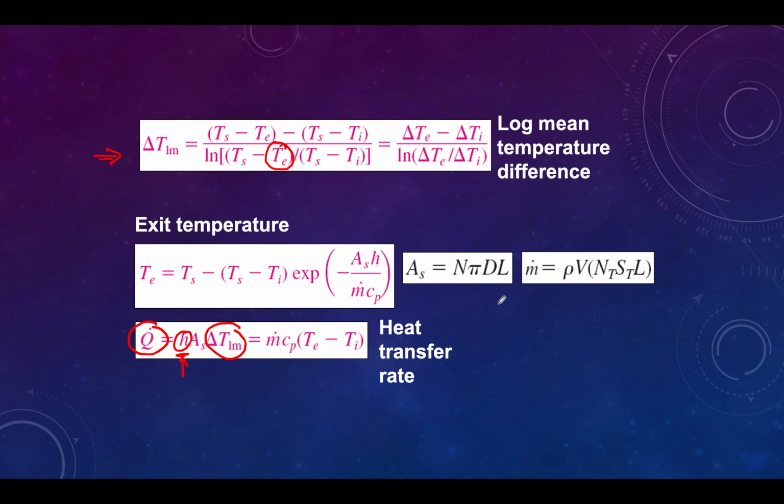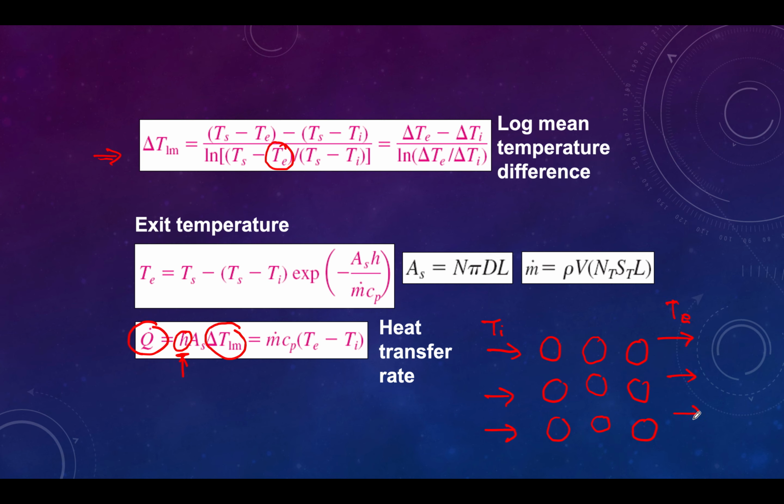For example, if you have this arrangement, let's say the number of rows is 3. So we have T inlet, T in, that flows into this tube bank, and then we are not given the value for T exit here.